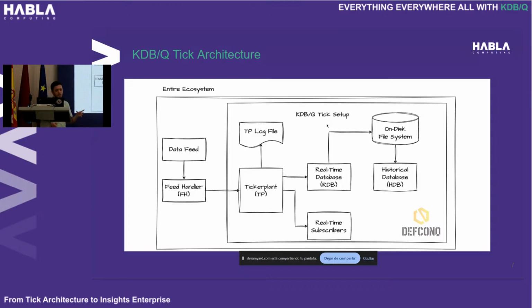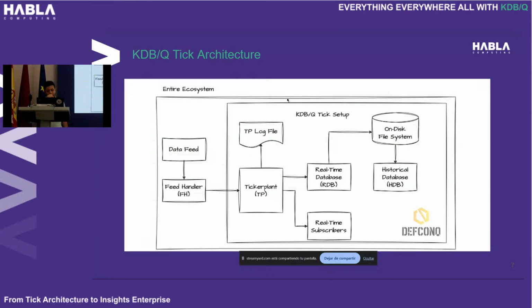There is a process connected to that on-disk file system, so you can query your historical data through this process. That's one example of a subscriber, but we can have any generic subscriber. That's what we call a real-time subscriber, which is connected to the ticker plant and does something with the data, for example, our use case.